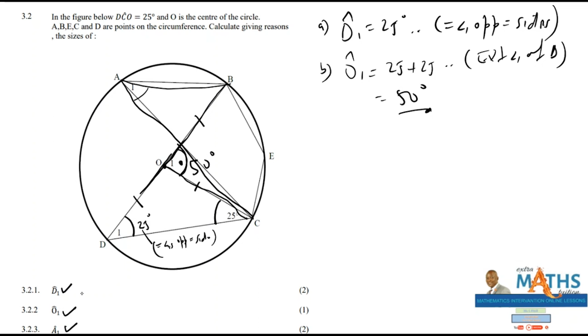Lastly, find A1. Come on, guys, the angle at the center is twice the angle at the circumference. It means if O1 is 50 degrees, then angle A1 would be 25. Angle A1 is half of angle O1. Why? Angle at center.